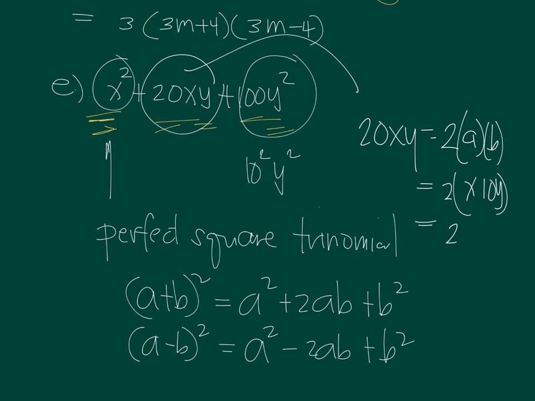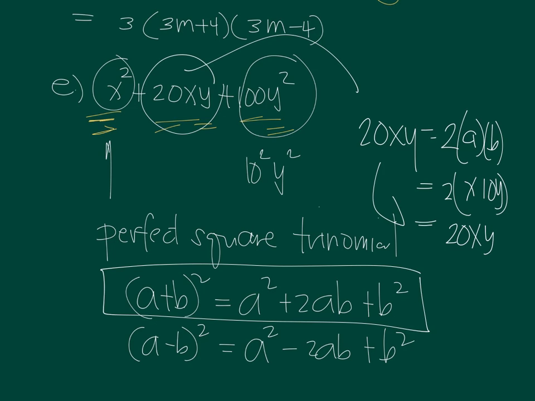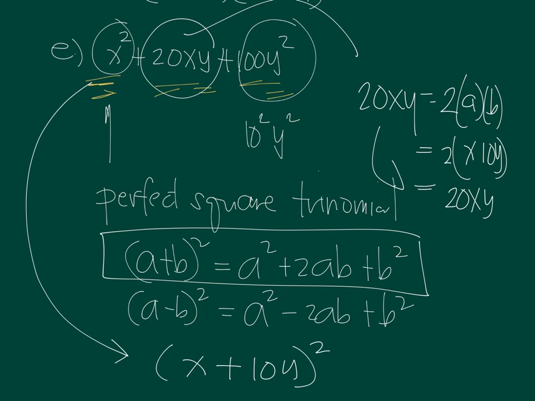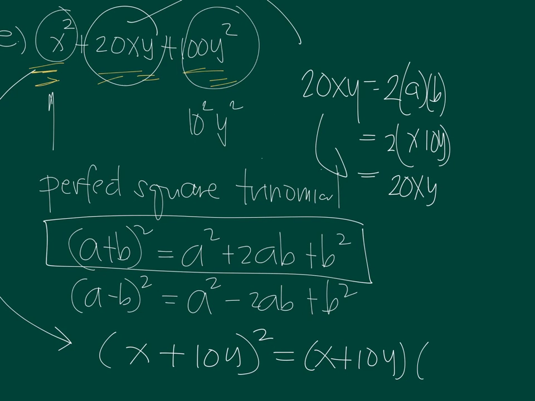If you simplify, this is 20xy. So it follows the format, meaning the factored form of x squared plus 20xy plus 100y squared is simply (x plus 10y) squared, or you can write (x plus 10y) times (x plus 10y).